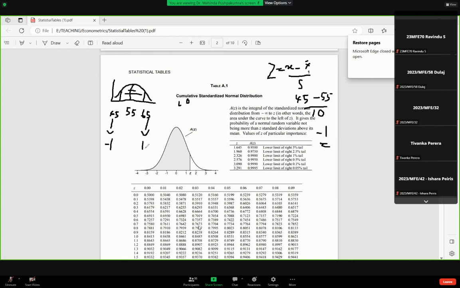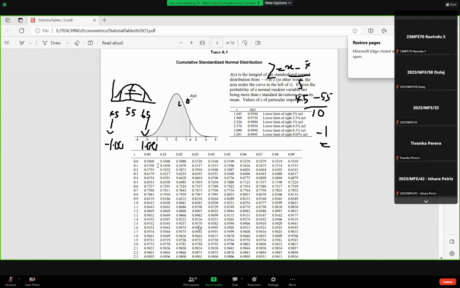To read the Z table, you should have two decimal places: minus 1.00 and plus 1.00. In this table you have only positive values.